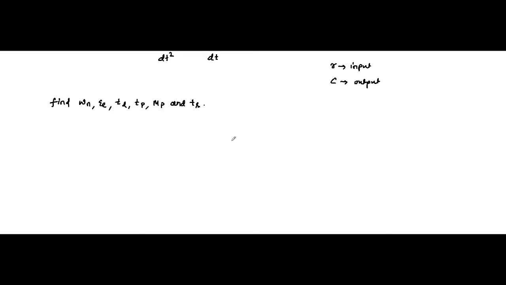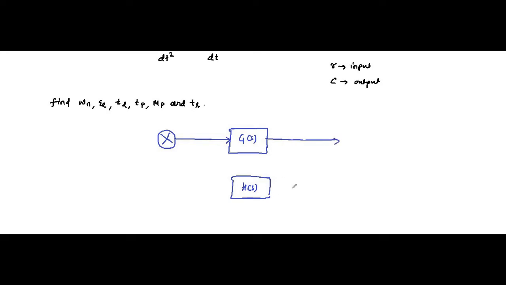So if you remember, the general format of a control system is basically in this way, like this.